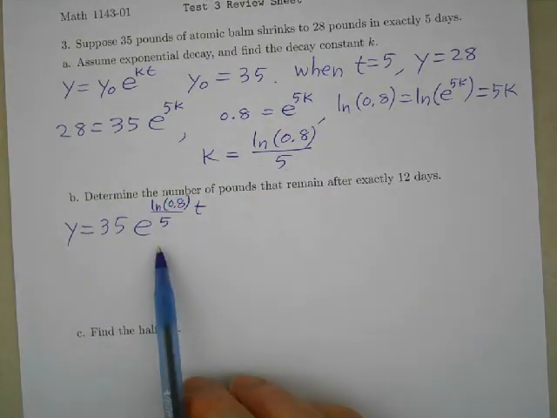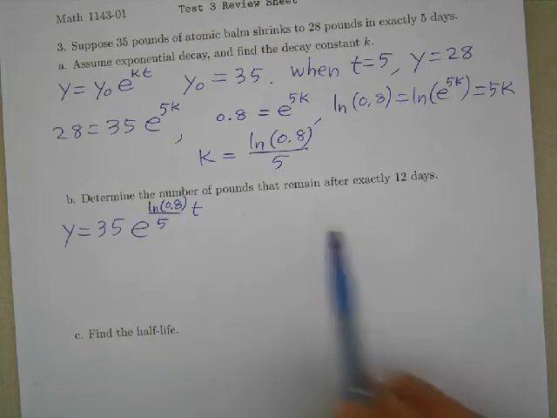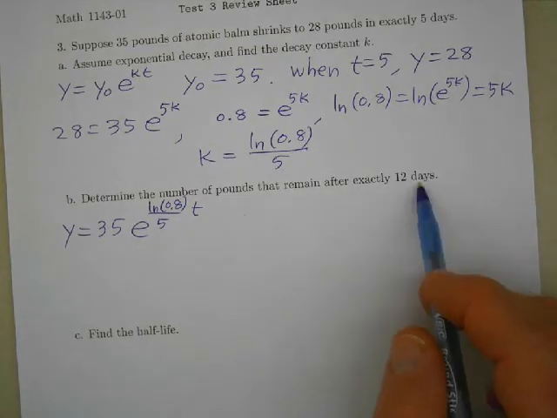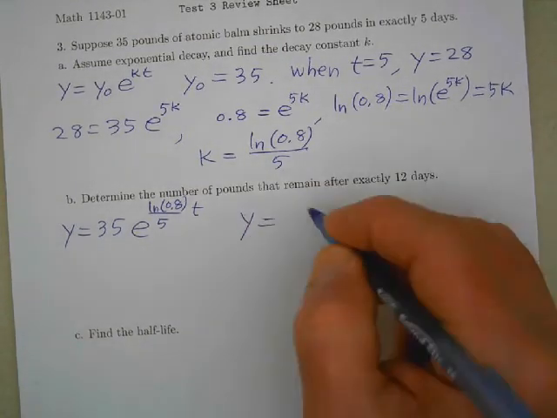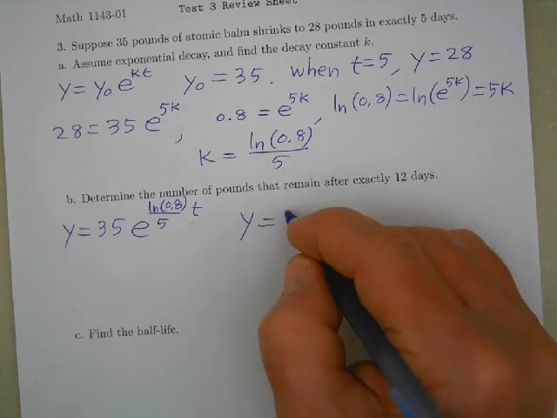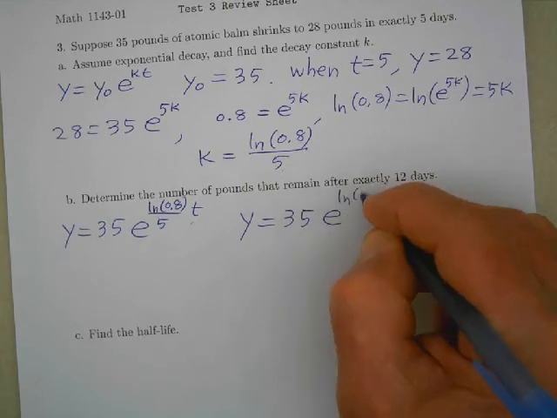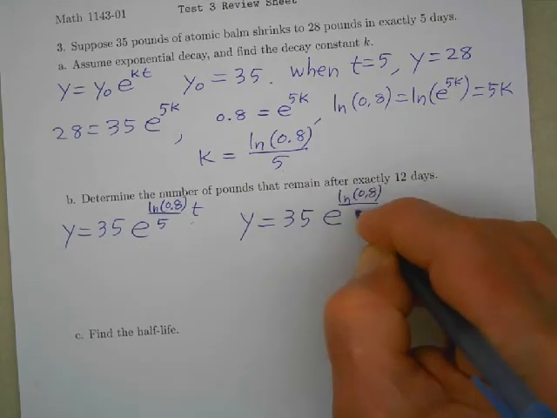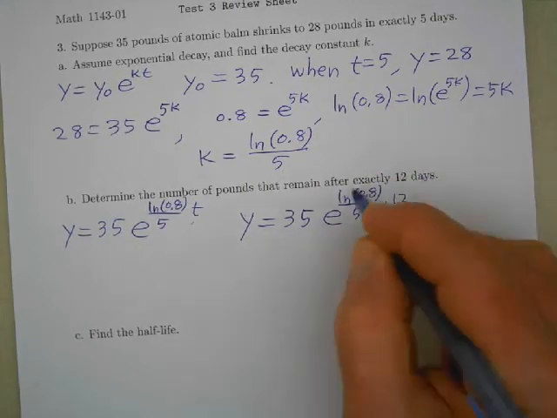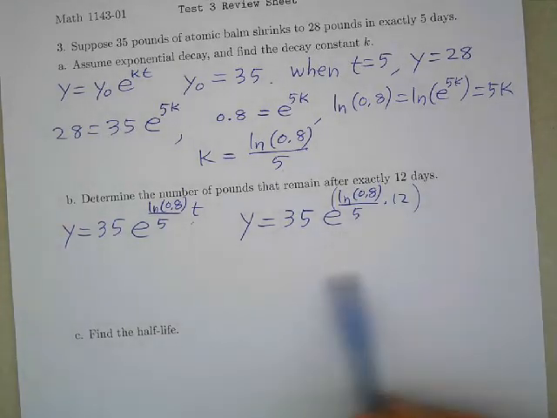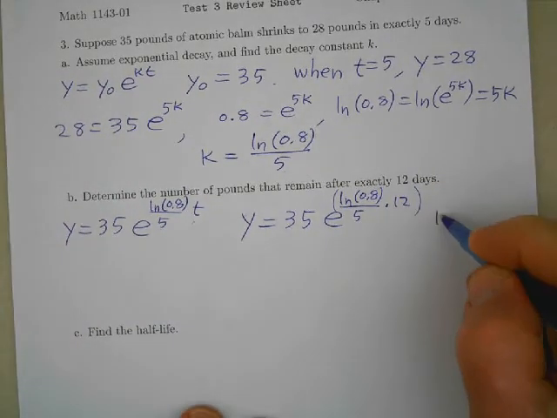And then for part b, the number of pounds left when t is 12 days, well, we just replace t with 12, and we get y equals 35 times e to the natural log of 0.8 divided by 5 times 12. Then use a calculator to come up with this. This will be measured in pounds.